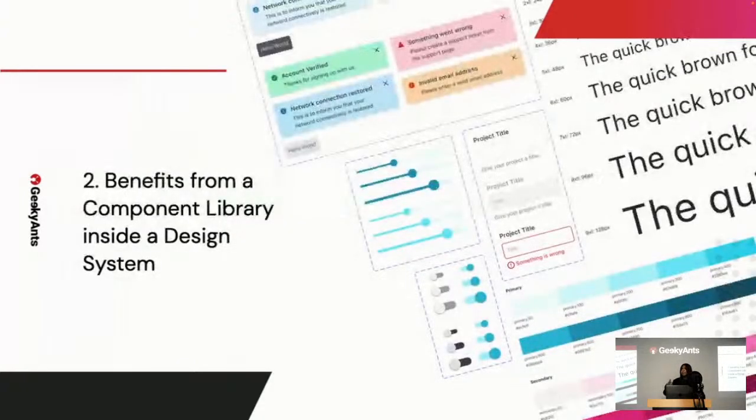For example, we have benefits from the component library, which is just a part of a design system. They speed up the development process, bring the concept of reusability and consistency. It makes customization of components easier to manage and ensures better quality over time.